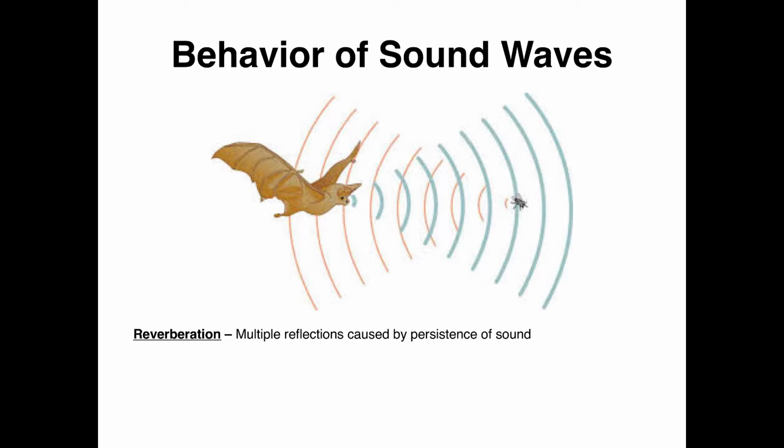Now the reflection here is a persistence of sound known as reverberation, and he's using this echo or reflection of sound in order to locate that bug. Now for an echo to actually be heard, the reflecting surface has to be at least 17 meters from the receptive surface, and that is a function of the speed of sound.